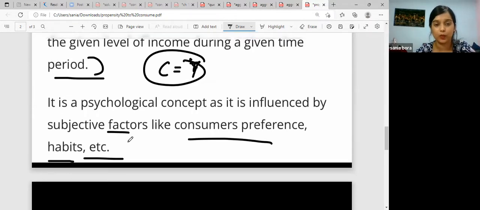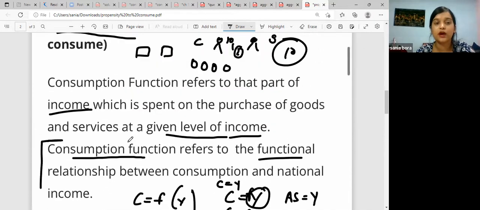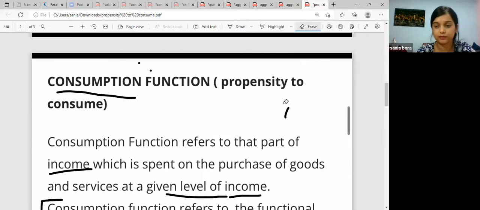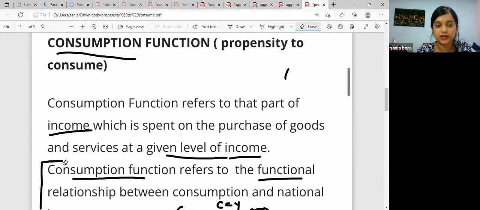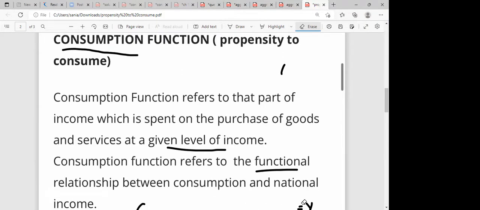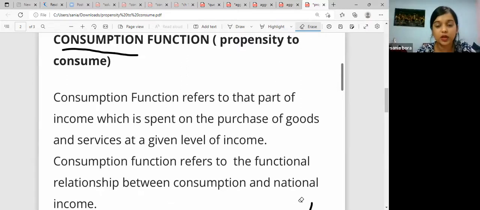Yes, ma'am. So you will write it down. First, you will write hashtag consumption function, in brackets propensity to consume, then everything about it. Write it till here, then I'll scroll. We write two definitions, leaving a space in between.